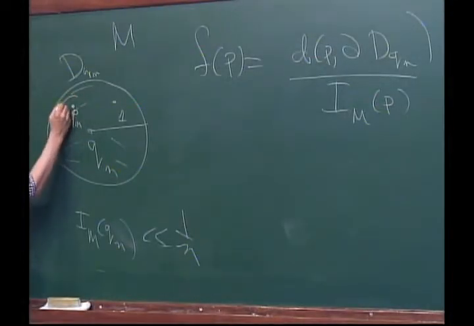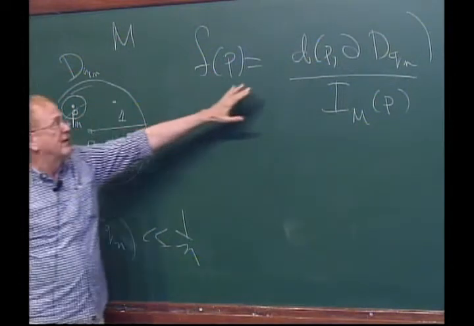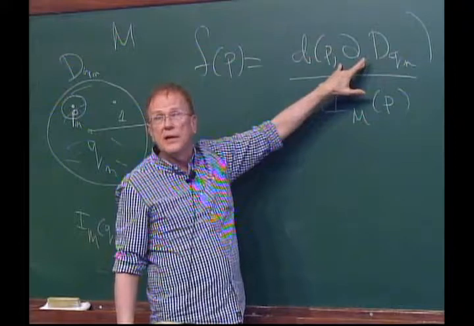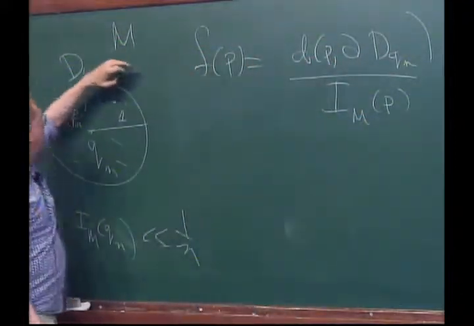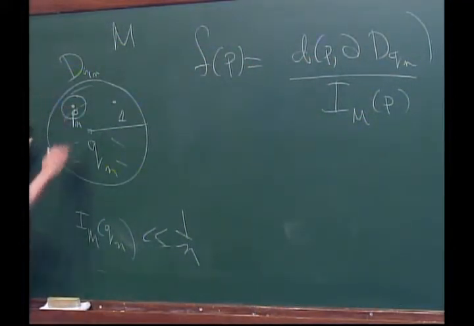And they satisfy a uniform property. These points are not on the boundary. This function is 0 on the boundary, so the maximum value doesn't happen at the boundary. There's some positive distance from the boundary.